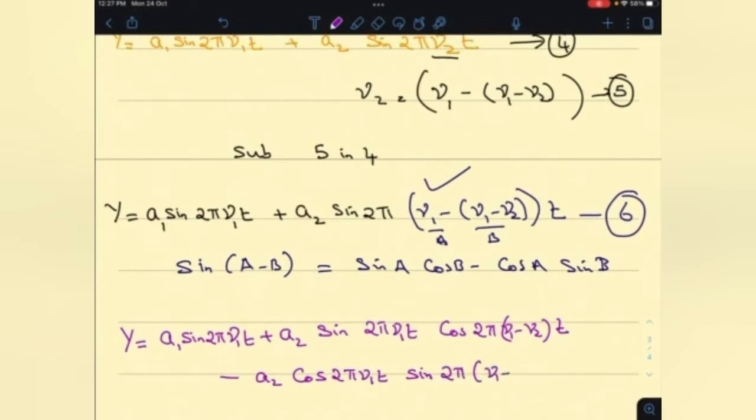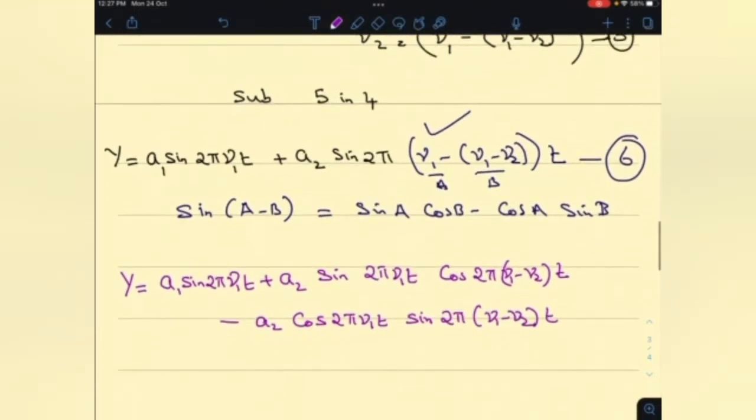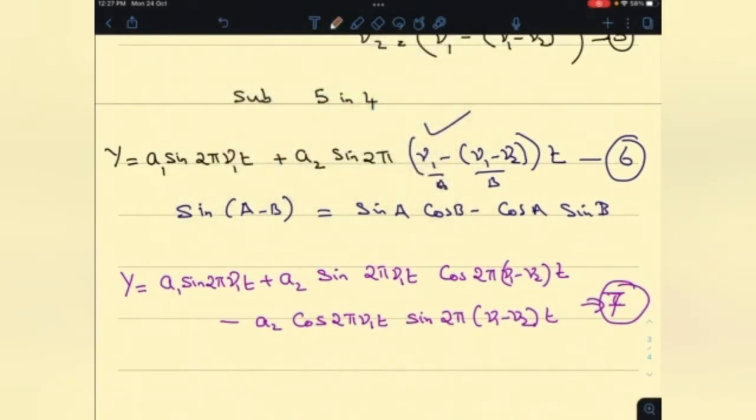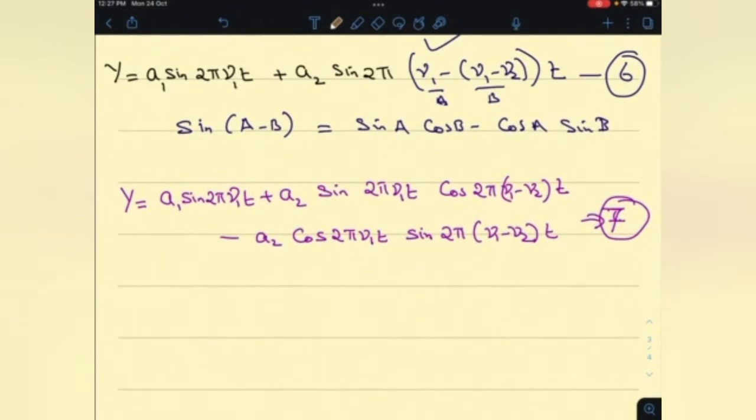Now I'll just take all these nu 1 terms to one side. Sin 2 pi nu 1 terms. Here I have 1. Here also I have 1. So I can write it as y is equal to sin 2 pi nu 1t, I take it outside.